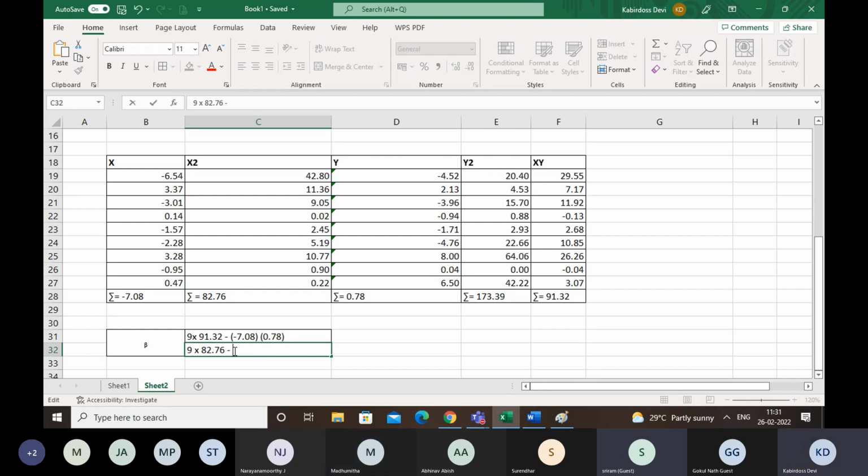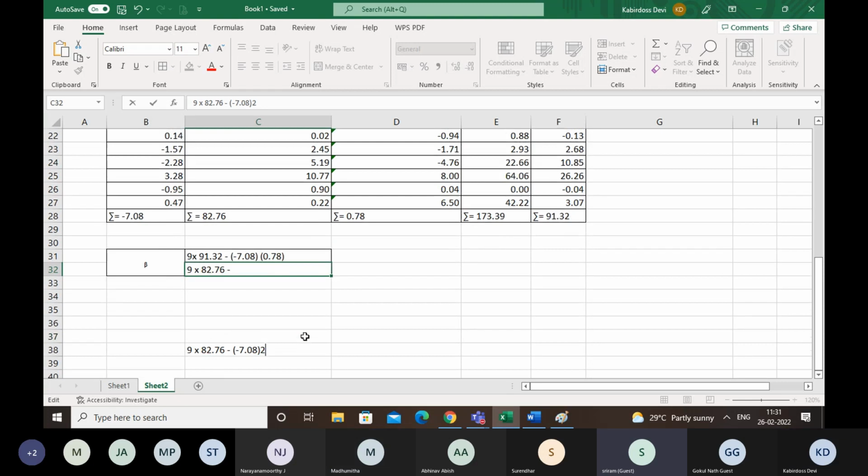Minus summation of x the whole square, so minus 7.08. I just put 2 here because I don't know the value. Otherwise I have to go to paragraph and change it to superscript. If I put 2, it means it is the square value.